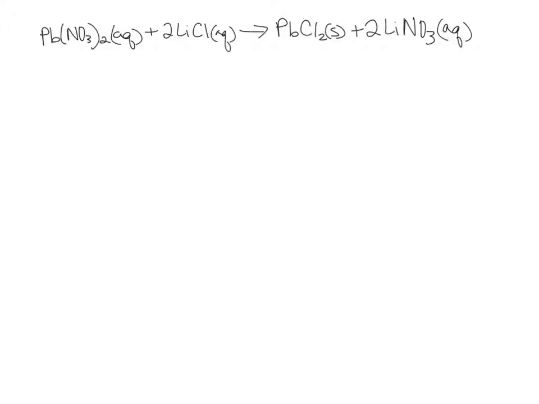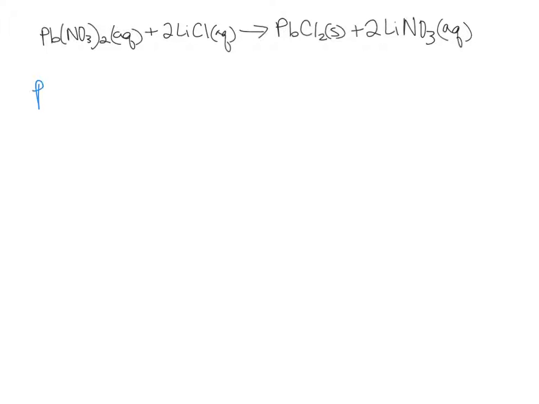Now to make the complete ionic equation, we're going to separate all of the soluble compounds, and we're going to keep the precipitate together, which in this case is going to be the lead chloride because it's designated as being the solid.